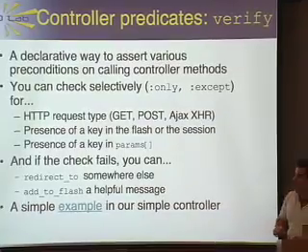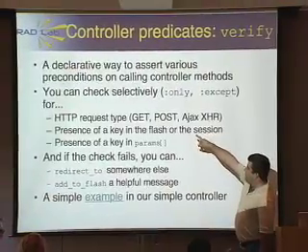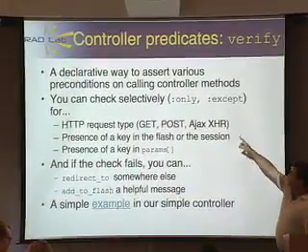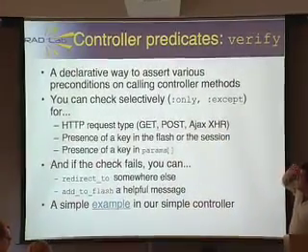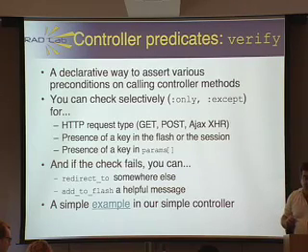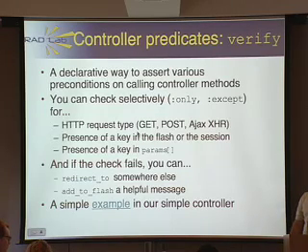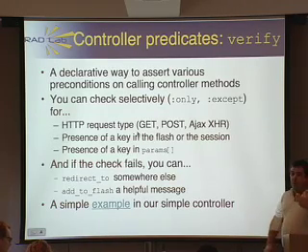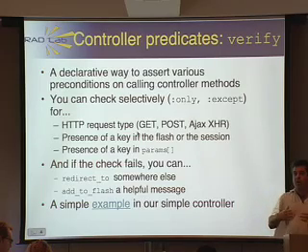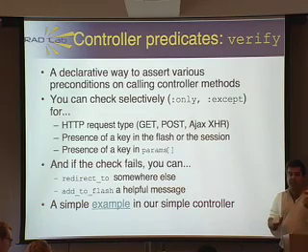And there's a lot of other stuff you can do. I can say check selectively, so only for certain methods, or I can say except for some other methods. I can check various aspects. For example, I can check if the HTTP request type matches what I want. I can check for the presence of a key in the flash or in the session. So for example, suppose that I have this mechanism where once a user logs in, I put a token in the session hash to indicate the fact that this person has logged in.